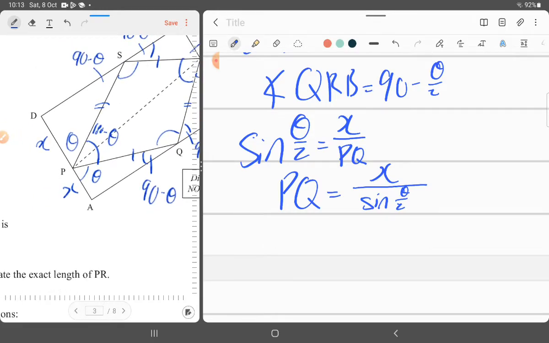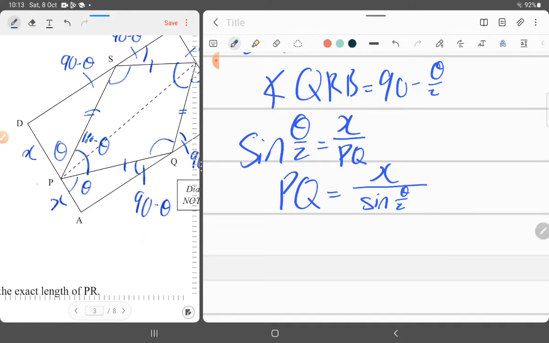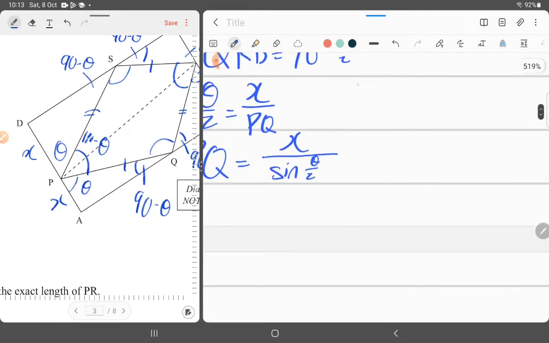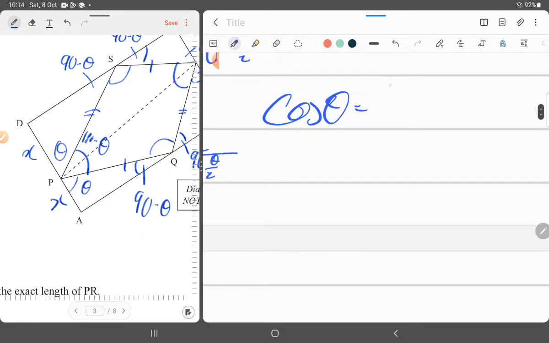Wait, I think this distance is also x. So sine theta is equal to, no. Cosine theta is equal to adjacent over hypotenuse.